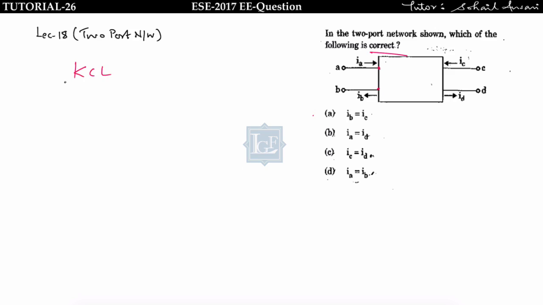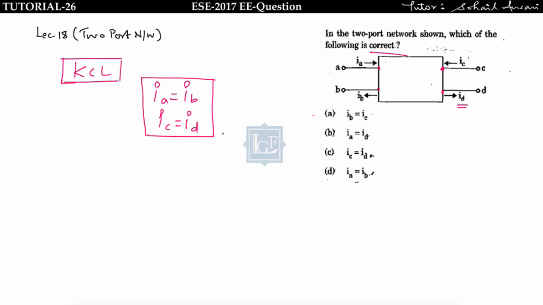According to KCL, the current entering the port must be equal to the current leaving the port. So IA must be equal to IB. See port 2. Here also IC current is entering, that means ID must be equal to IC. IC must be equal to ID. So these two conditions are possible in a two-port network. So option C is also correct and option D is also correct. Both options are correct.